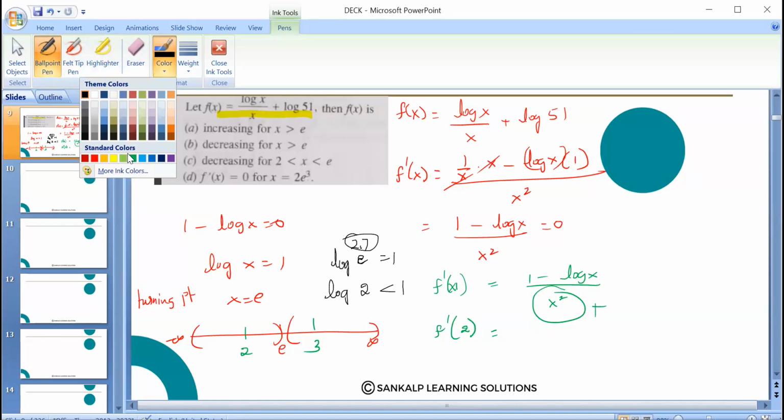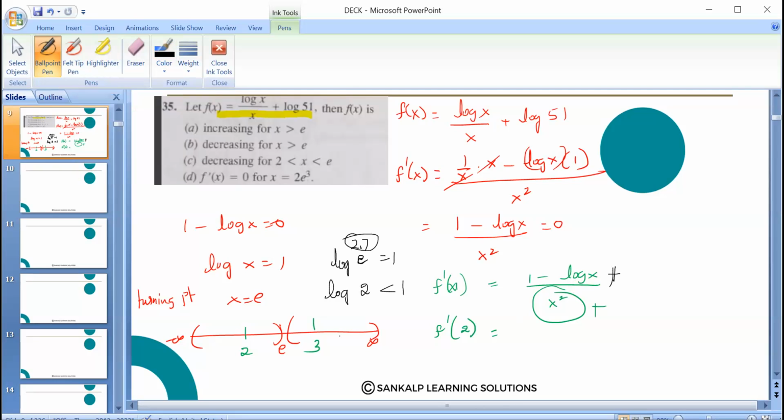Lesser than 1 means what? 1 minus lesser than 1, so you have a positive answer. That means f dash is positive. Similarly, you put 3.